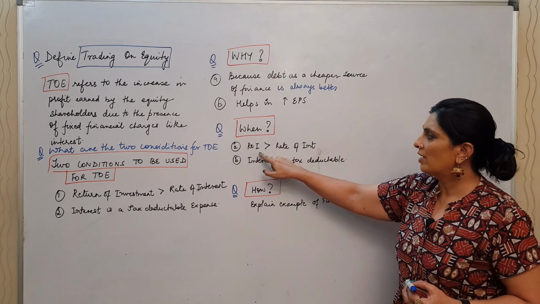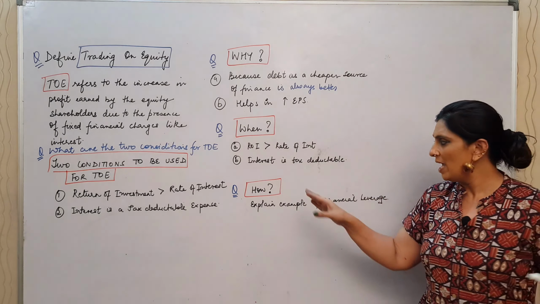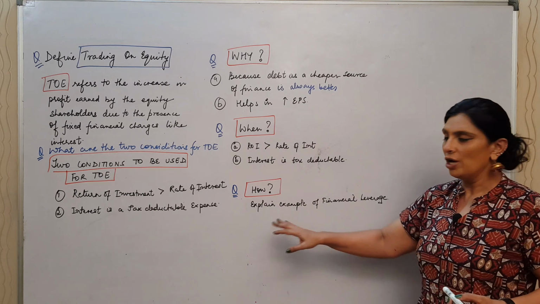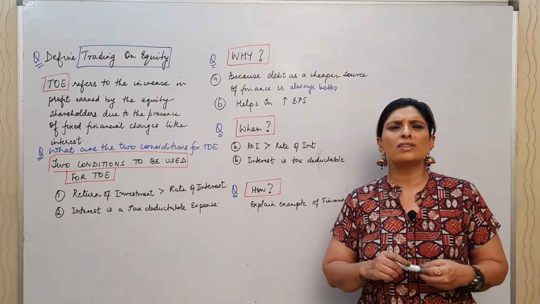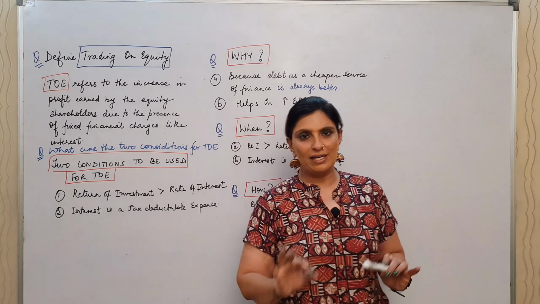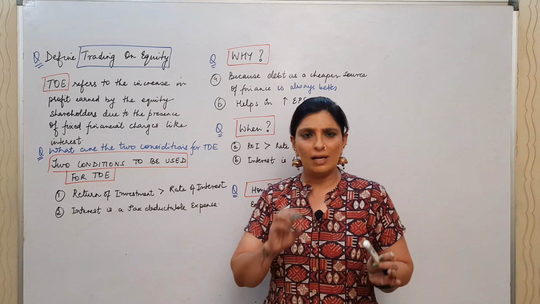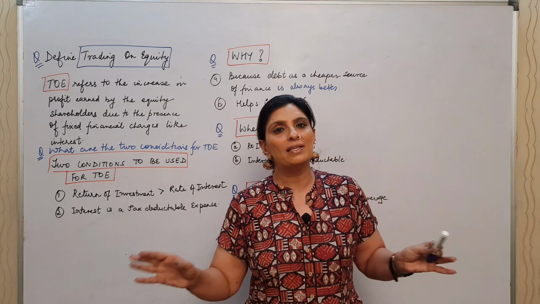It is to be used when return on investment is more than the rate of interest and interest is tax deductible, same. And how it is to be used, you have to explain with the example of financial leverage. So only for the basic definition part of trading on equity and financial leverage, a little change has to be done. Otherwise, the rest of the topic literally means the same.